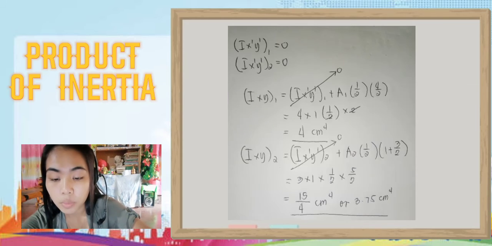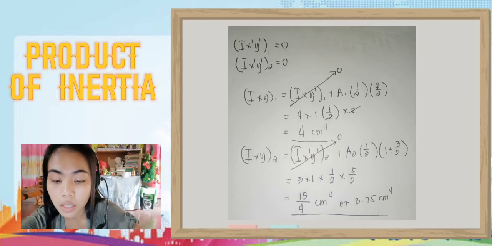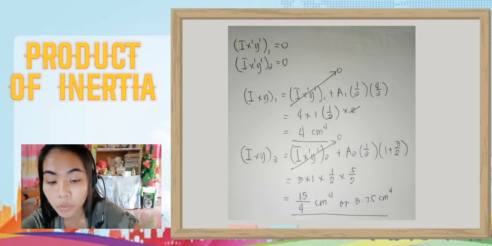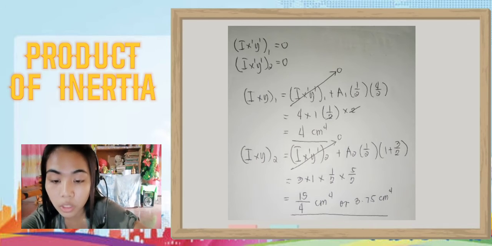So, first, we will sum up I_xy1 and I_xy2. I_xy1 is equal to 0 and I_xy2 is equal to 0. So, first, kukunin natin yung I_xy1 muna.